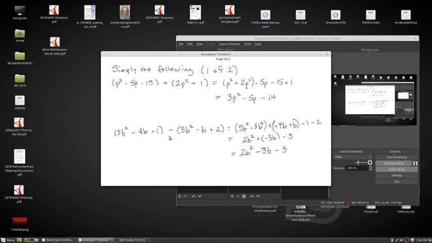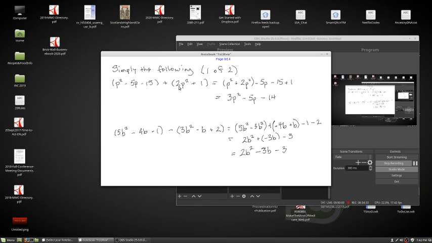Okay, then addition and subtraction of polynomials. So you'll have one of these two. You'll either have an addition or a subtraction. Basically you just combine the like terms.